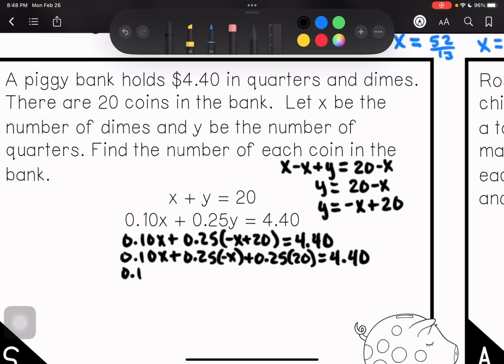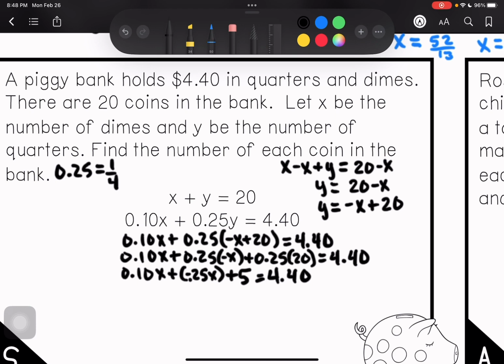That gives me 10/100 X plus a -25/100 X. 25/100 is the same as 1/4. So 1/4 of 20 is the number 5 equals $4.40.